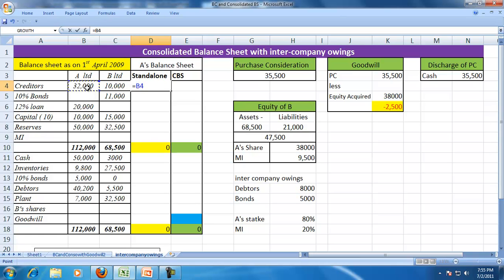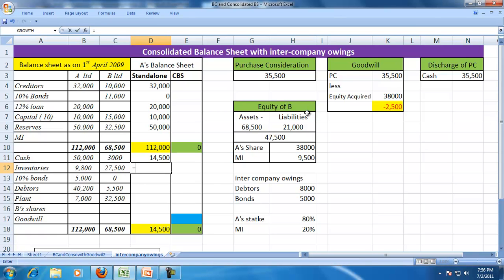The standalone balance sheet will show the creditors, the bonds, the long-term loans, no change in the capital, no change in the reserves. However, cash will reduce to the extent of 35,500, because that is how we are paying the purchase consideration.